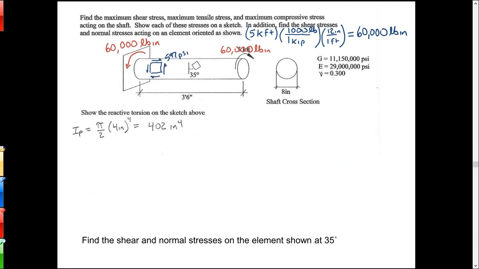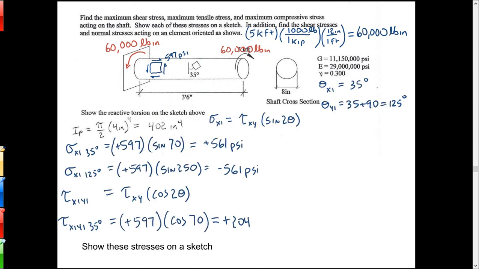And then you can also find the stress on the 35-degree plane there. You just plug the numbers in. Remember these formulas, they're shorter formulas, but they're just biaxial formulas. So sigma x1 is tau xy sine 2 theta, and then tau x1y1 is tau xy cosine 2 theta, and that's on the back. So you just go ahead and run the numbers.